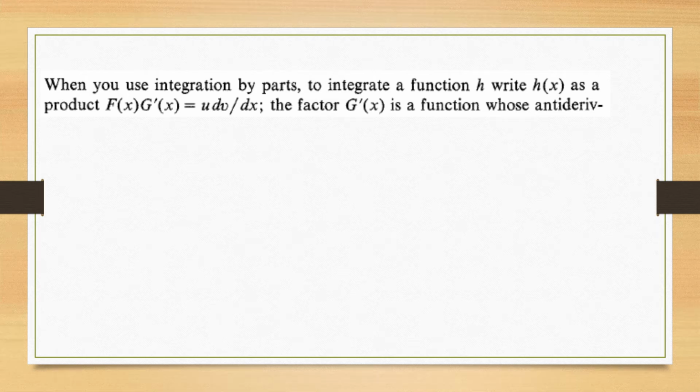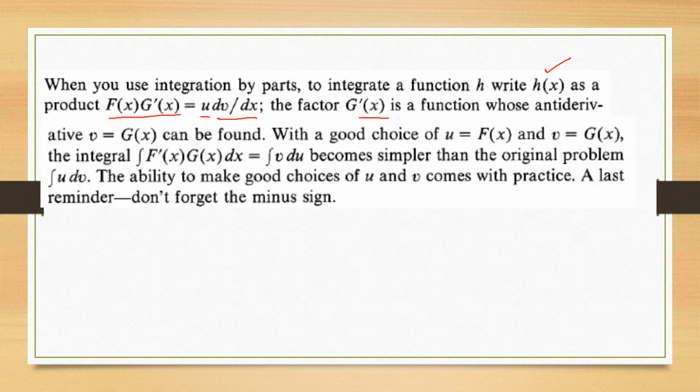We note that when we want to integrate by using the method of integration by parts any function h(x), which is the product of f(x) g dash x, or u du by dx, the factor g dash x is a function whose antiderivative is v, or g of x, can be found.